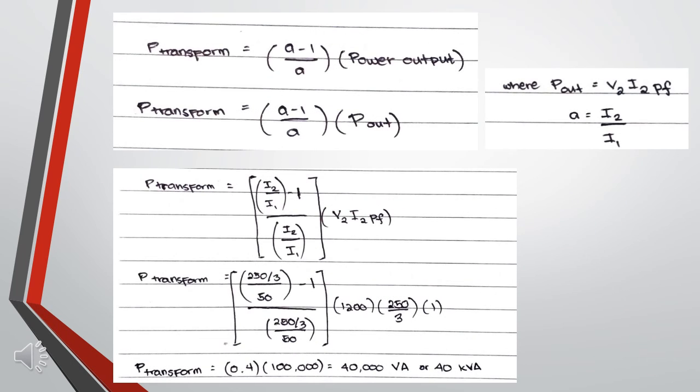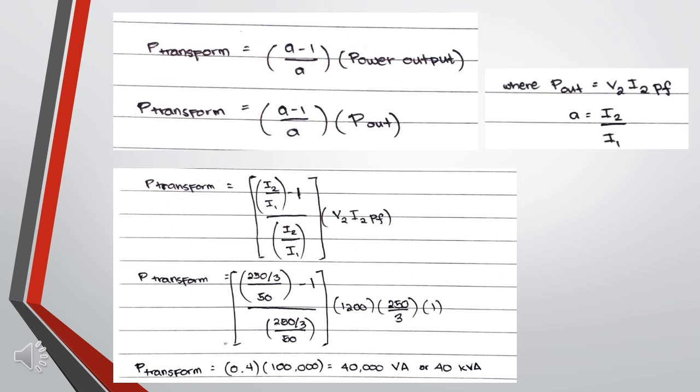Okay, next. So, take note na ang pinapahanap sa atin is yung power transformed. So, yun nga, kailangan natin yung formula for the power transformed, which is equivalent dun sa quantity A minus 1 all over A times the power output. So, hindi ko na kailangan itong i-elaborate pa. Nasabi ko na to kanina.